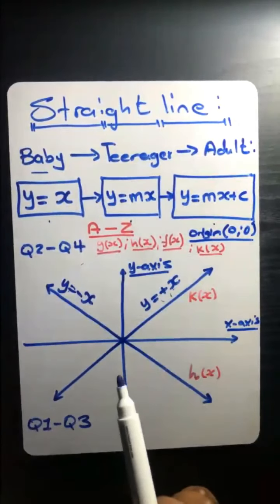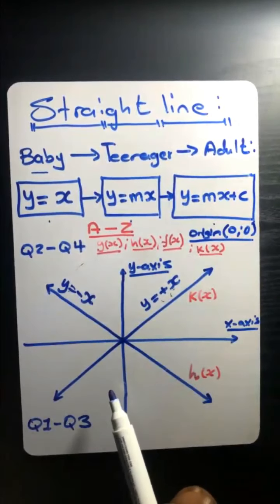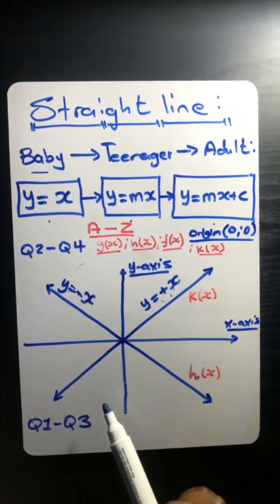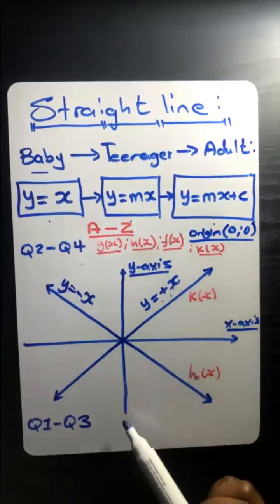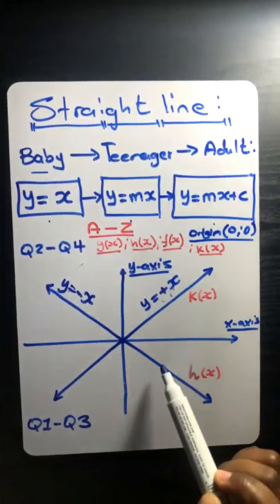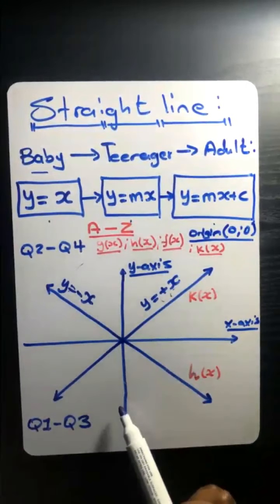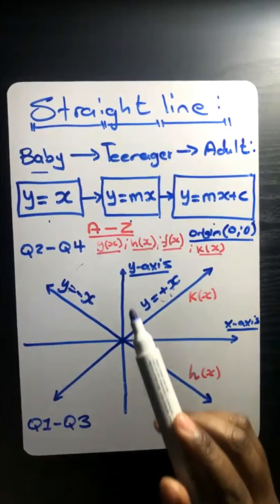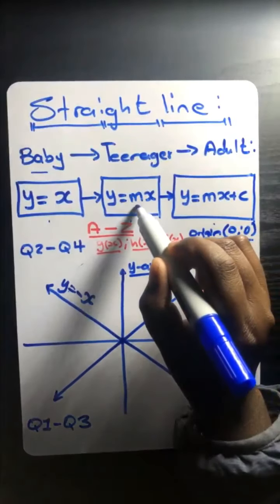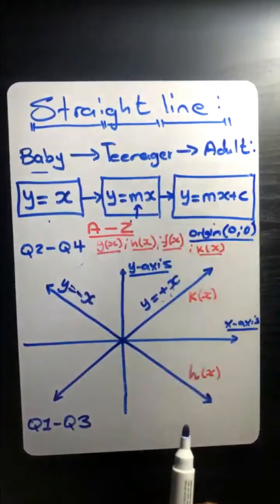What you need to know is that for a straight line in that direction, we've got a positive value there. For that one, we've got a negative value over there. So I want us to quickly discuss that part at the teenager stage.